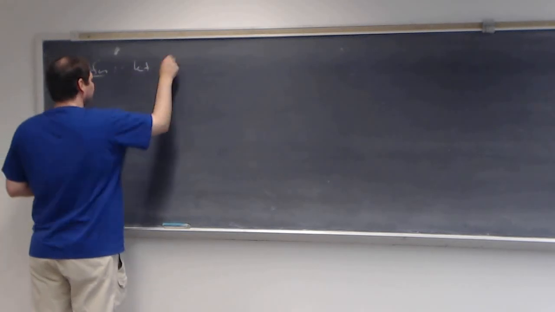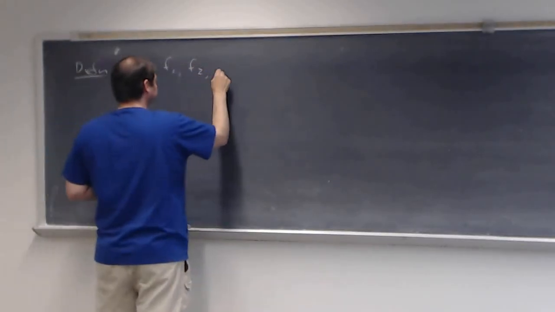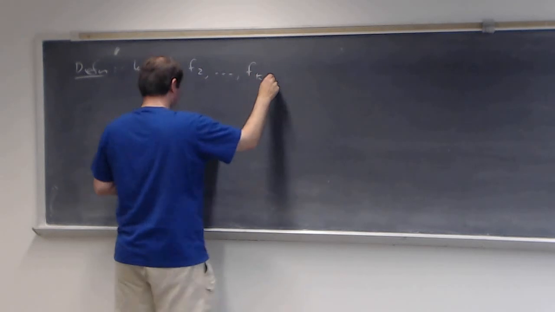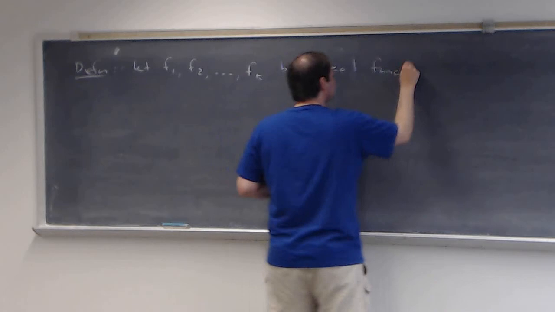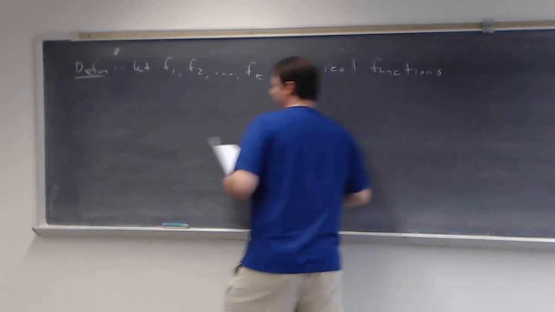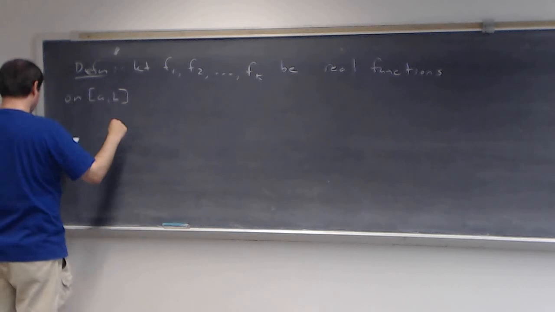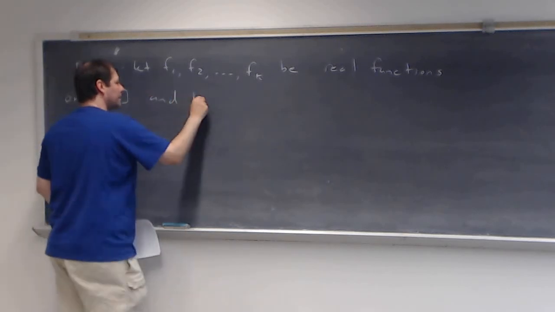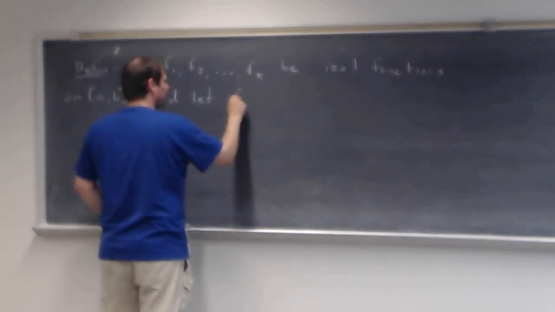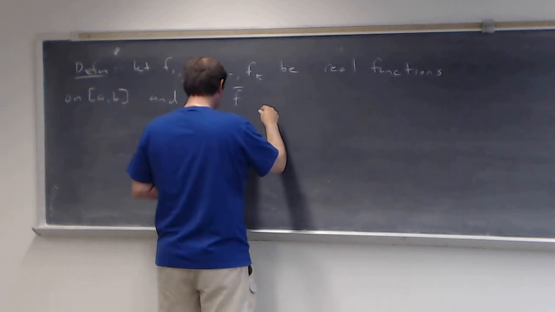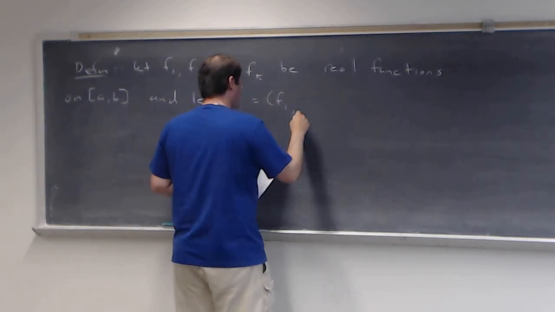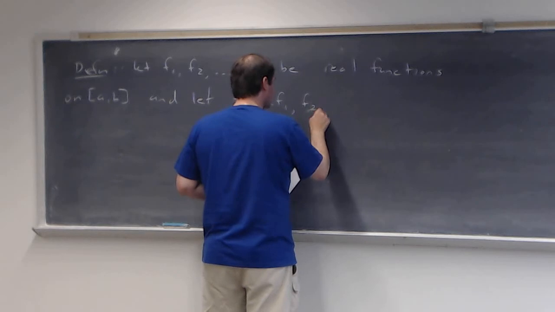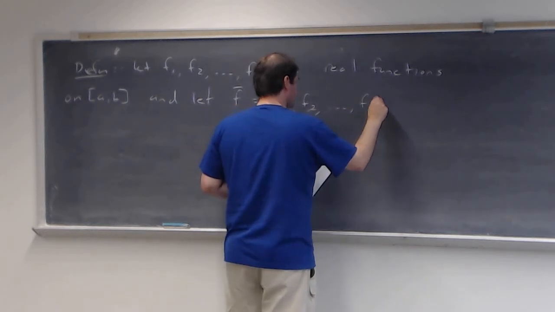It says let f sub 1, f sub 2, all the way up to f sub k be real functions on [a, b], and let f bar be defined by f sub 1, f sub 2, comma, all the way up to f sub k.